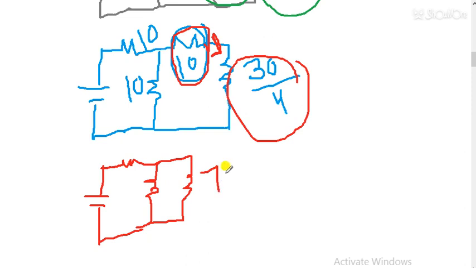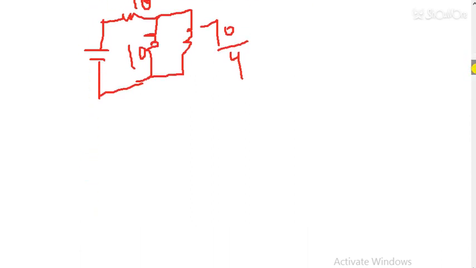So this value will be 70 by 4, and this value is 10, this value is also 10. So I think you now got the point which type of questions I have given to you.